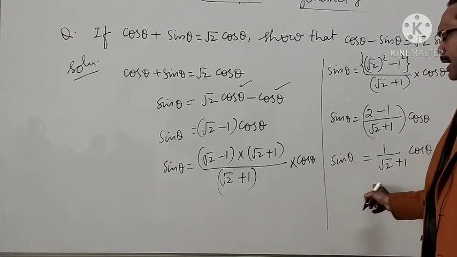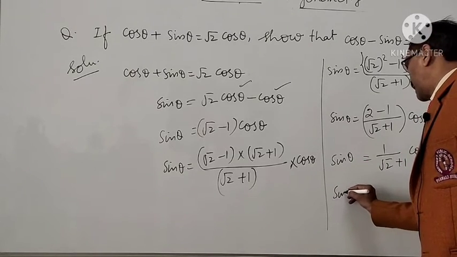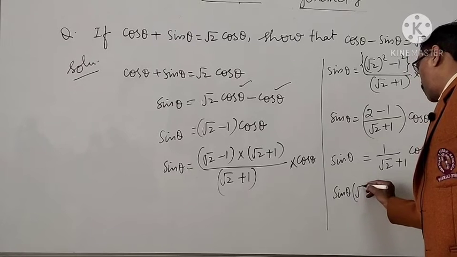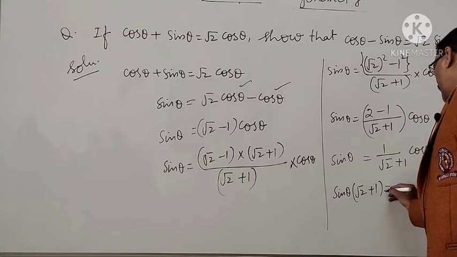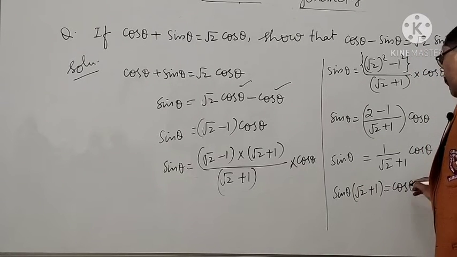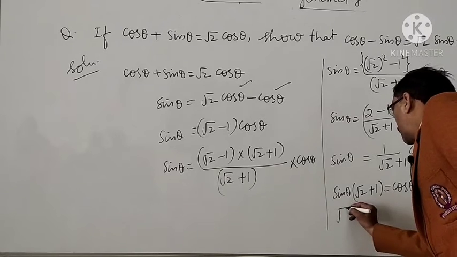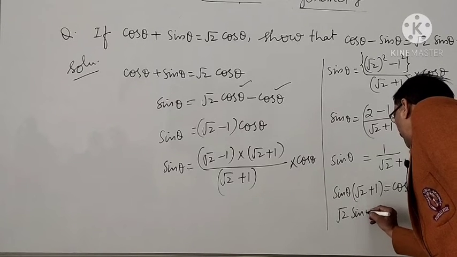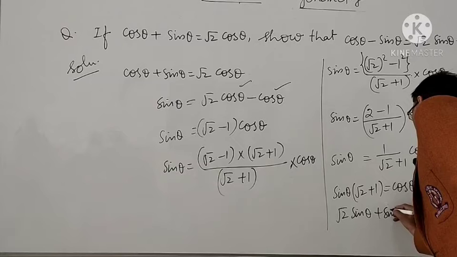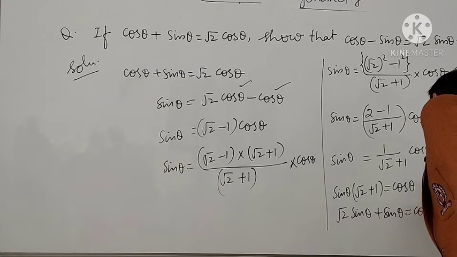Now cross multiply, we will get sin theta into root 2 plus 1 equals cos theta. Just open the bracket: root 2 sin theta plus sin theta equals cos theta.